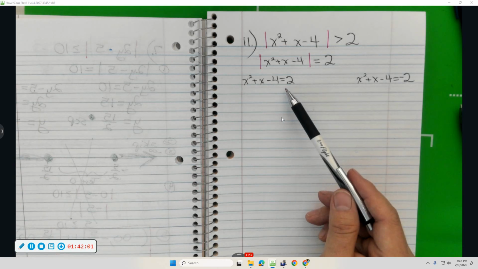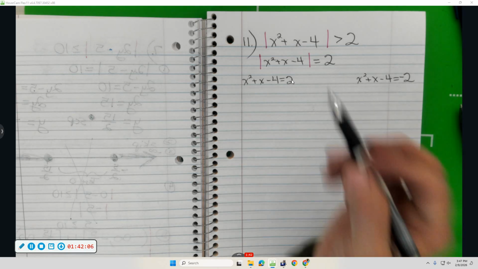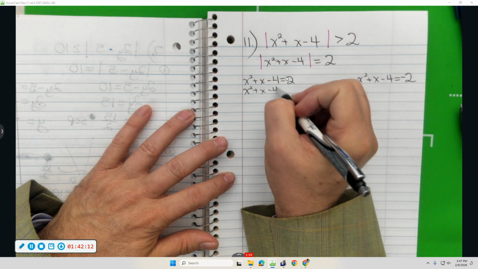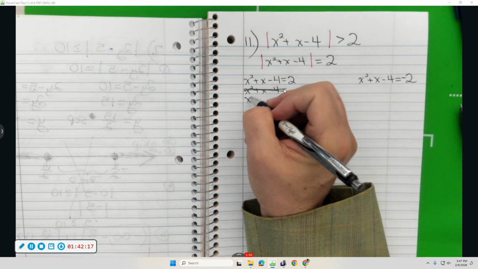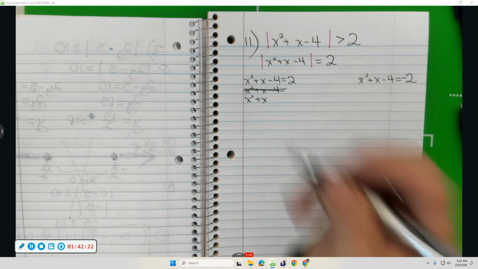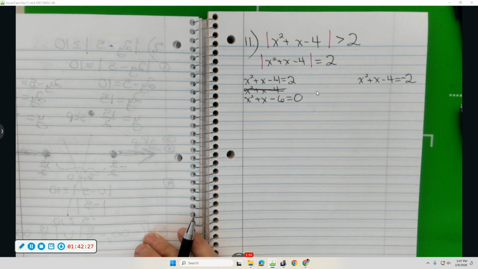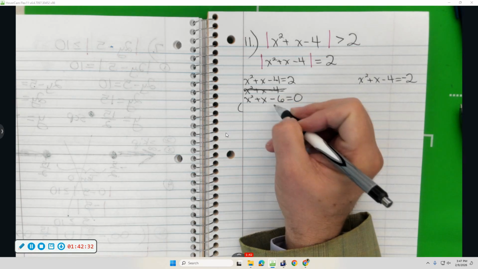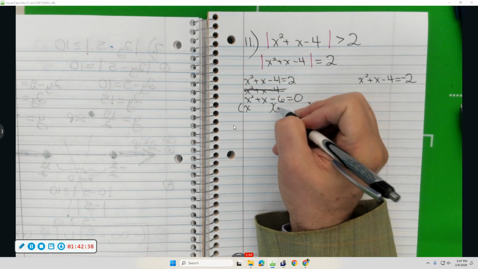Yes, it's going to be tedious because it's two quadratic equations, but it's not something that we haven't done before. We have to get it set equal to 0. x squared plus x minus 4 minus 2 gives us x squared plus x minus 6 equal to 0. It's a simple trinomial, so we're just going to have an x times x. What do we know about the signs?